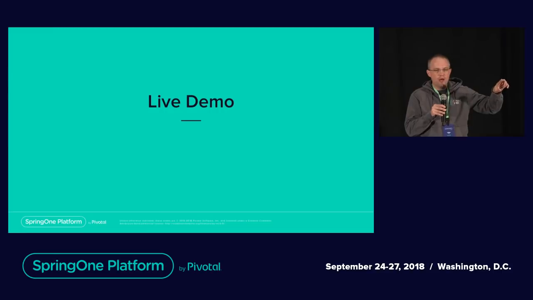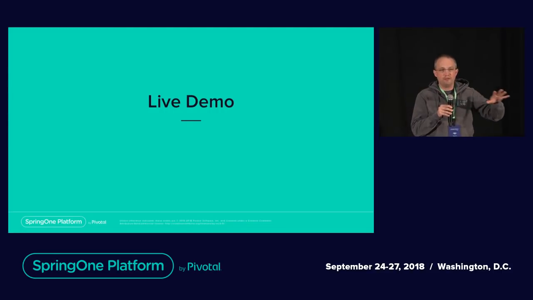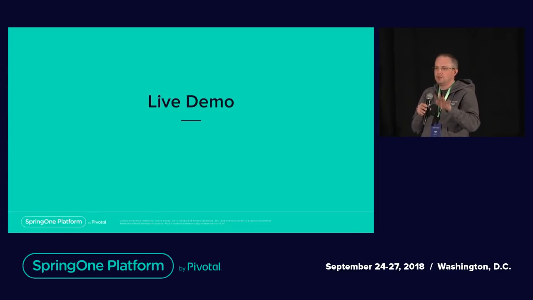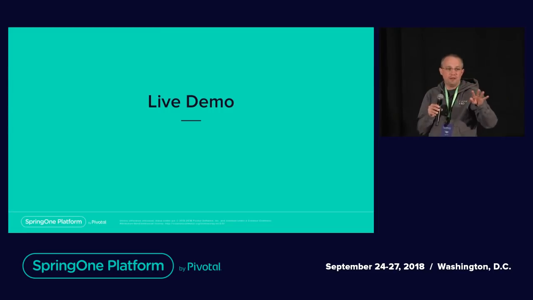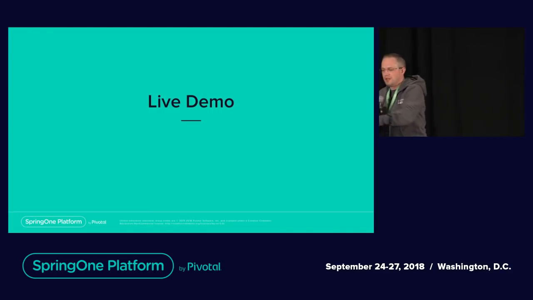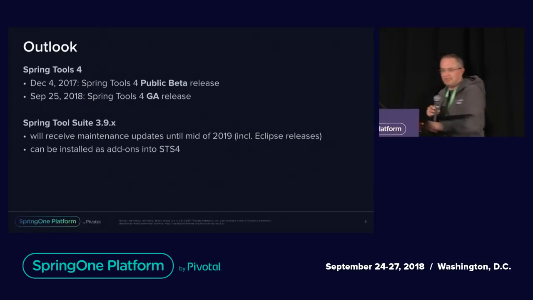You see all the bean wirings, all the live hovers, the request mappings, everything that's running for your app on Cloud Foundry also directly mapped to your source code, which I think is great. And you can even compare them if you have another version running locally, right? So that's awesome.